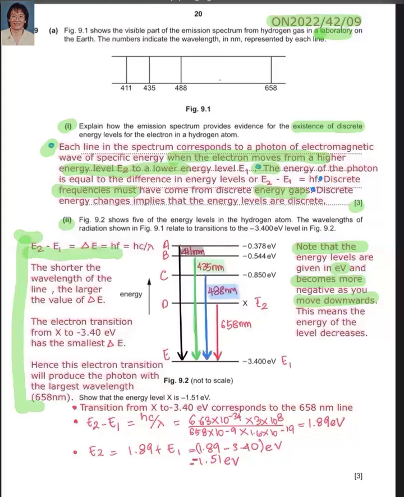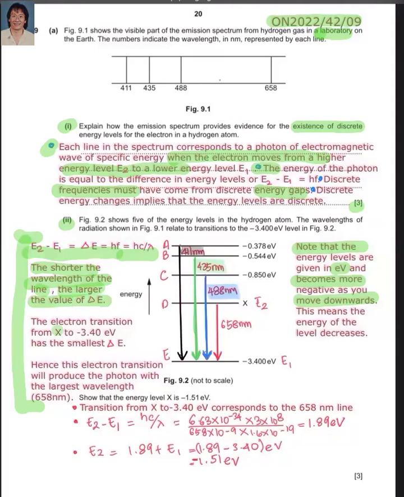We take E2 minus E1 to get a positive value, equal to hf, which equals hc over lambda, because f equals c over lambda, where c is the velocity of electromagnetic waves, lambda is the wavelength and f is the frequency. From the equation, you can see that the shorter the wavelength of the line, the larger the value of delta E. That means when delta E is larger, lambda is smaller and frequency is larger.